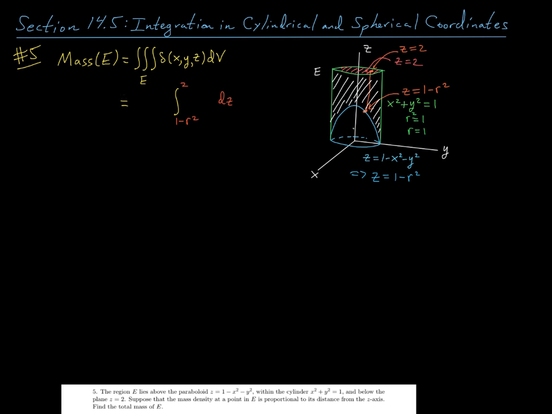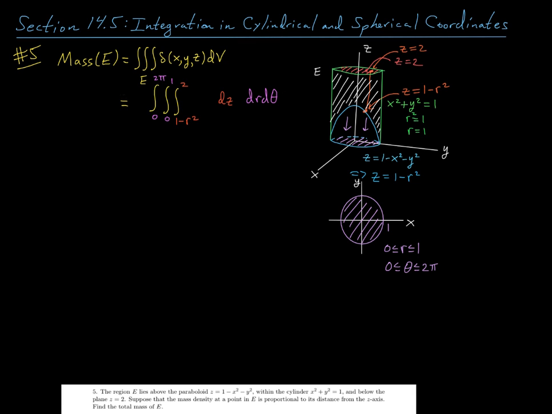If I project my solid down onto the xy plane, I'm just going to cover the unit disk, centered at the origin. So these are our bounds for r and theta. r will go from 0 to 1 because it's the unit disk, and then we're integrating over the entire disk, so 0 to 2 pi for theta. And I have my dr d theta. And as usual, don't forget the factor of r there.